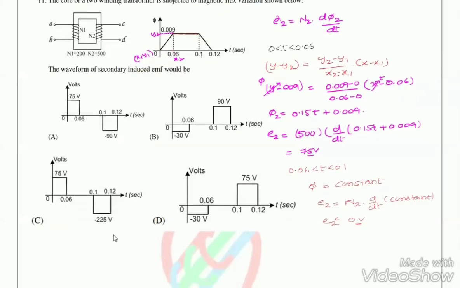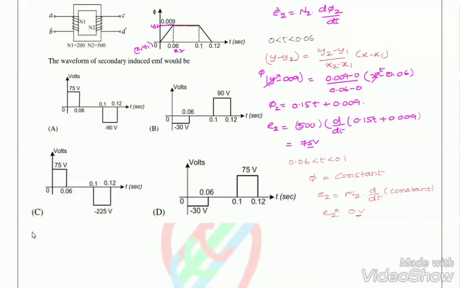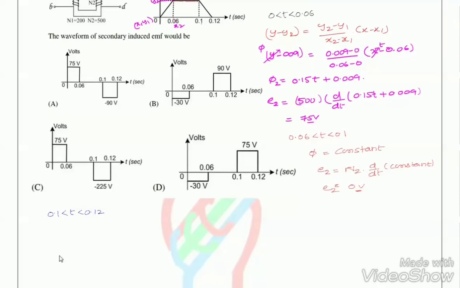Now we'll see the third interval, in between 0.1 less than t less than 0.12. In this case we will write the slope equation directly. So phi 2 minus 0.009 is equal to minus 0.009 divided by 0.02 into (t minus 0.12).